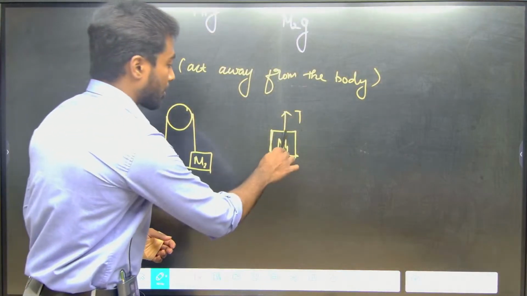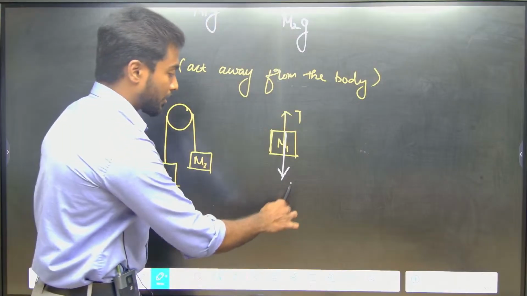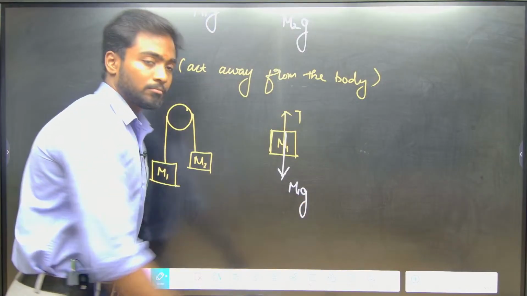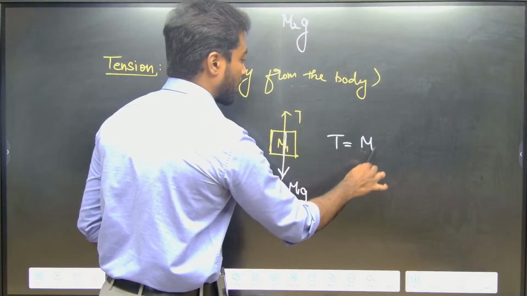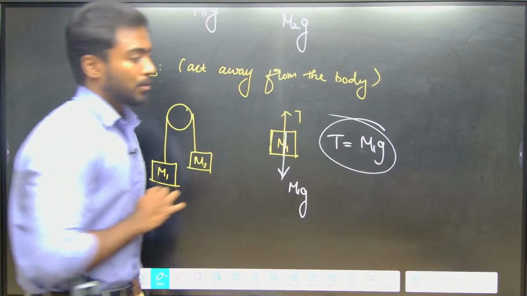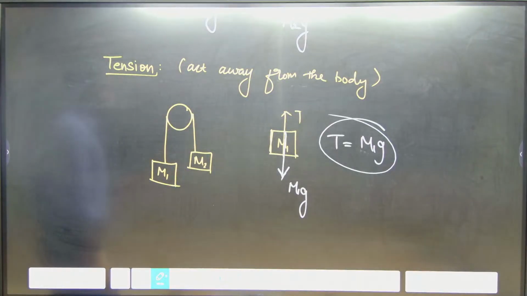How will it be acting? It will be acting downward, that is m1g. So I can say that T will be equal to m1g, got it. T will be equal to m1g.